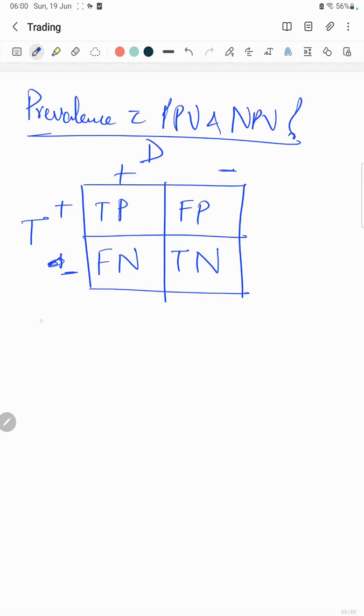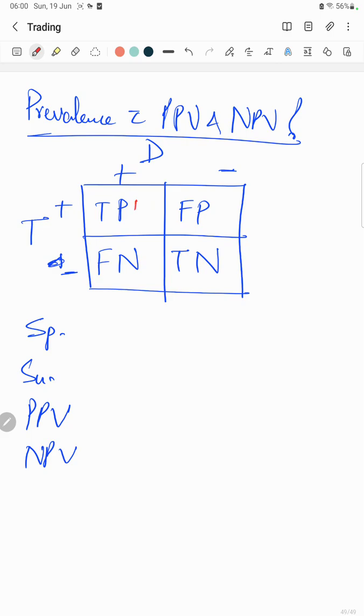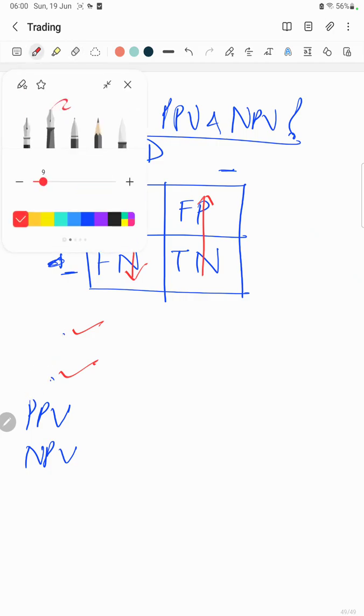Now how do you find out specificity? So this is specificity, sensitivity, positive predictive value, negative predictive value from this particular box. This box makes life very easy for you, because now all you have to do is just slide your finger. Sorry, I think I might have just rearranged this thing, so no problem.